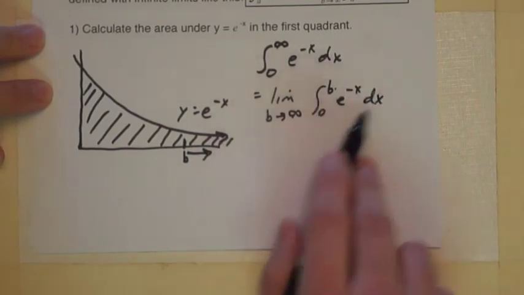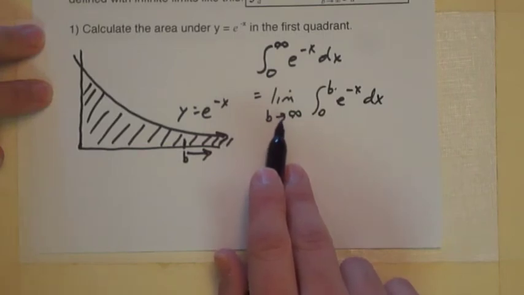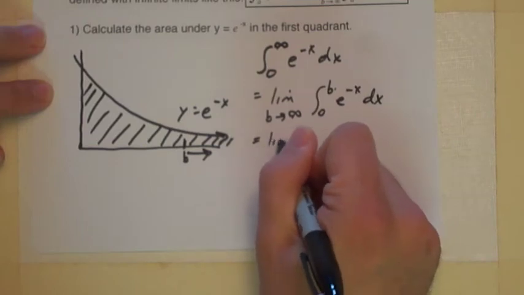So we compute this integral, we'll get an expression in terms of b, and then at the last step we actually do the limit.